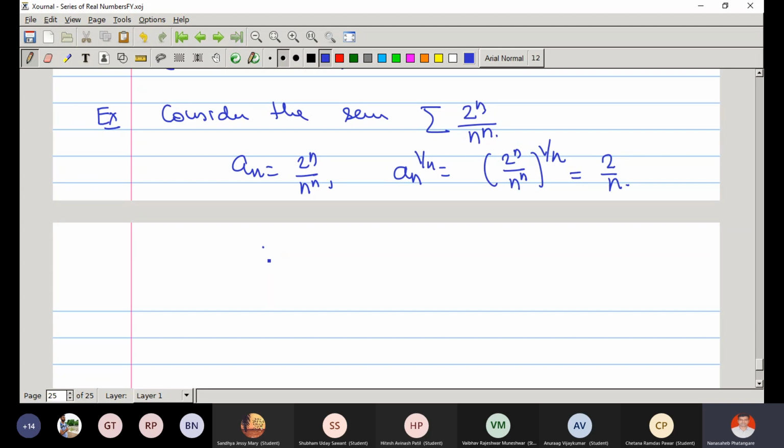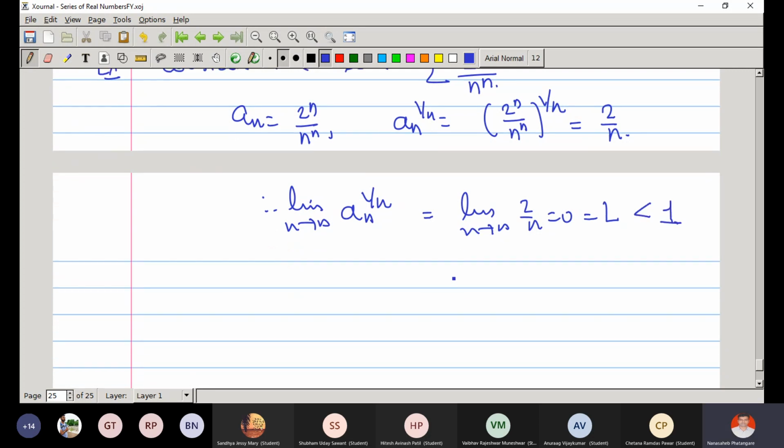And therefore what is limit n tends to infinity 2 by n? This limit is 0, less than 1, correct? And therefore the series an is convergent.